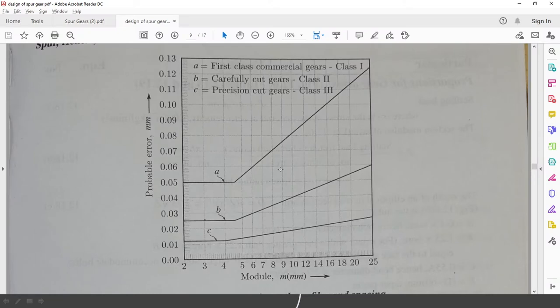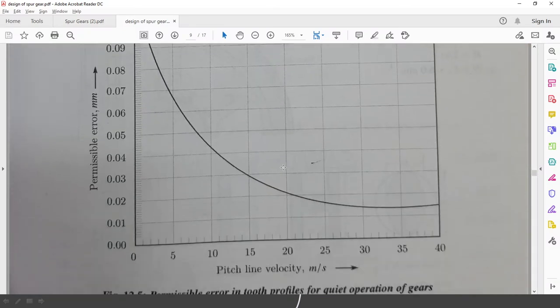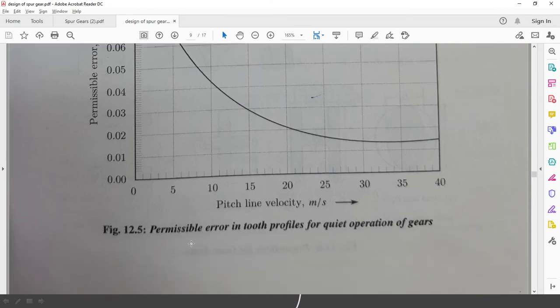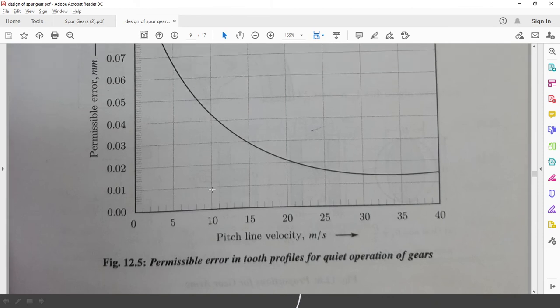Otherwise you can calculate based on pitch line velocity also, but you will get a lot of difference there, so better adopt the error value based on module.